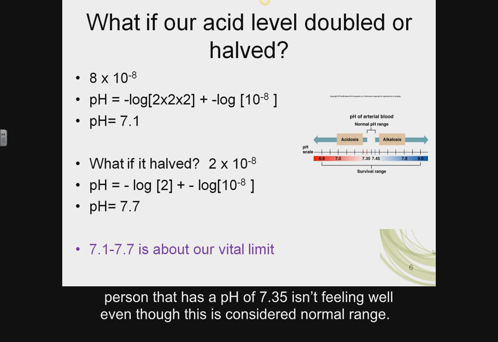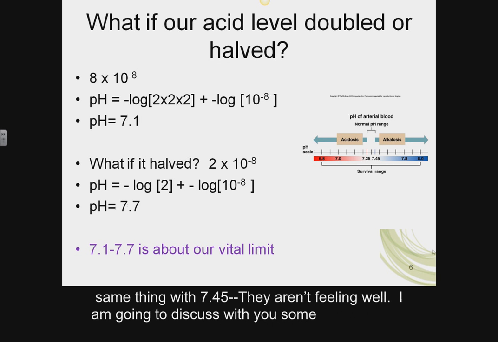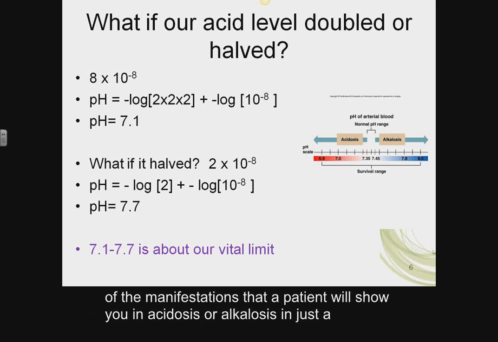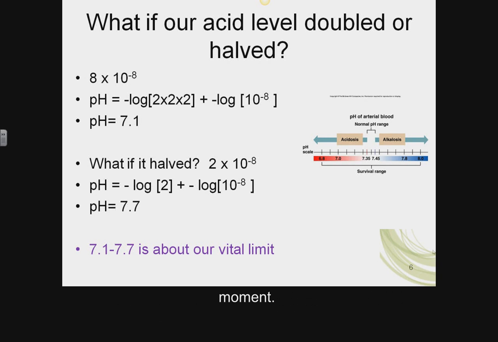I'm still here to tell you that a person that has a pH of 7.35 isn't feeling well, even though this is considered normal range. Same thing with 7.45. They aren't feeling well. I'm going to discuss with you some of the manifestations that a patient will show you in acidosis or alkalosis in just a moment.